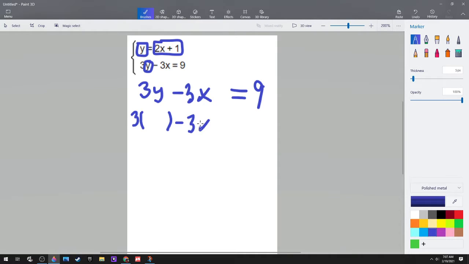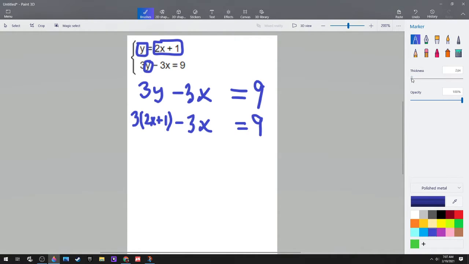Nothing else changes. And what are we going to write here? We're going to write 2x plus 1. This is the key that unlocks problems like this. I'm able to replace that letter in the other equation, and this has to be a true statement now.